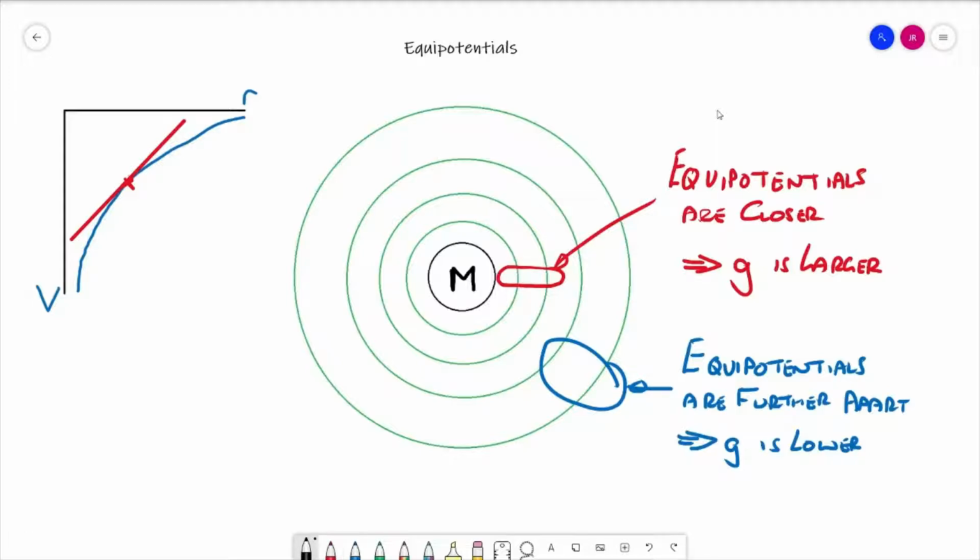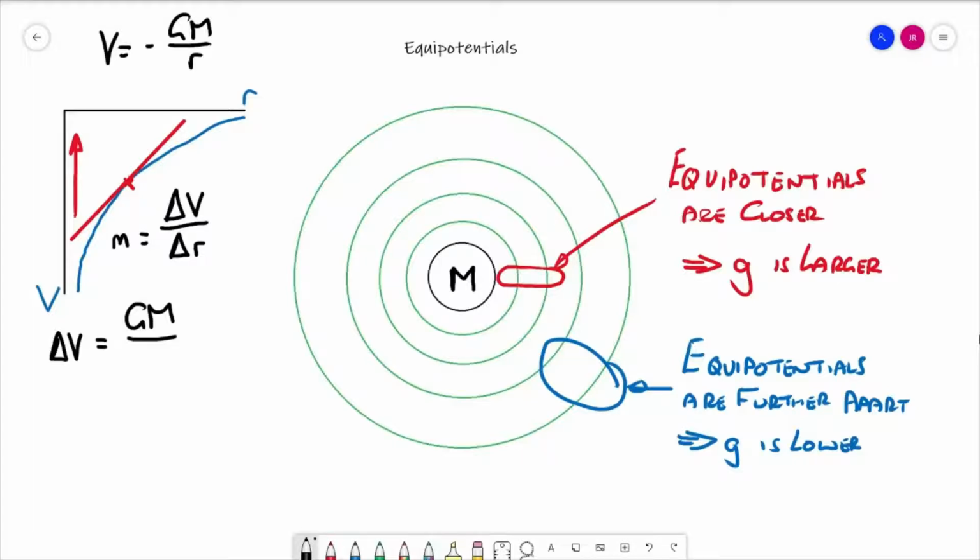So let's do that. The gradient we know is delta y by delta x, so it's delta V, that's what's on the y-axis, divided by delta r, that is what is on the x-axis. Let's then work this idea through. Now delta V, remember that the equation says minus GM over r, but when we do the change in V, at least when we're doing the delta y bit, we are increasing, so that delta V will be positive, and that would be GM over r.